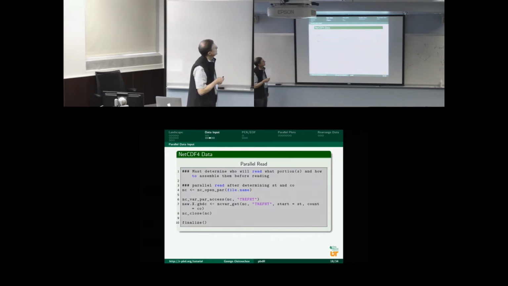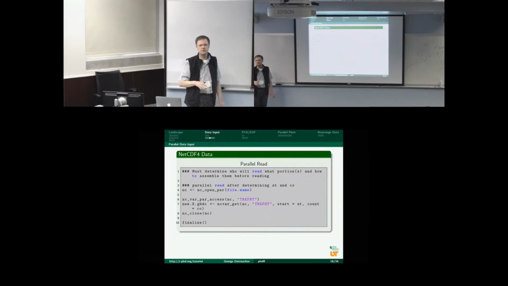A lot of people use netcdf4 data. And there's a package, PBD netCDF4, and that package is able to read completely in parallel. And it actually can write in parallel as well. Reading in parallel is relatively easy.